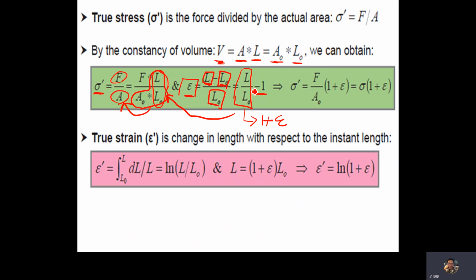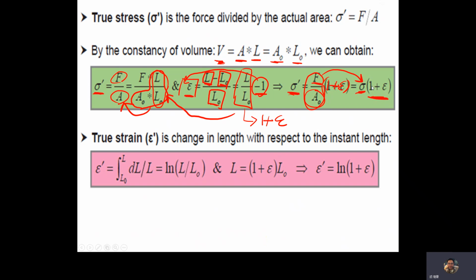I just move this minus 1 to this side. Therefore, we can figure out the engineering stress equals F, the force, divided by the original area, times 1 plus epsilon. And this term equals the engineering stress, right? Therefore, we can figure out the engineering stress and the true stress have a relation of 1 plus epsilon.